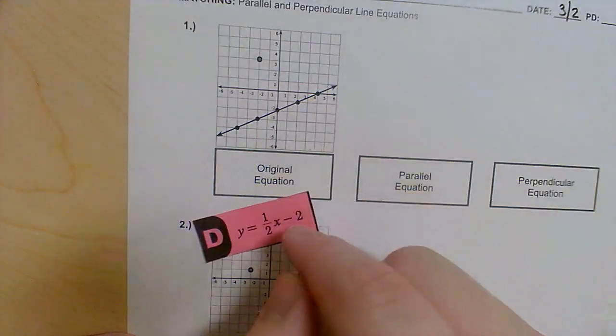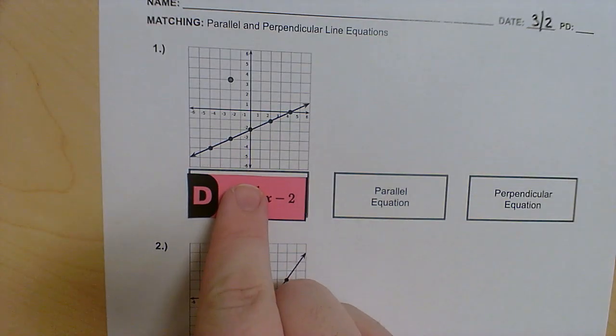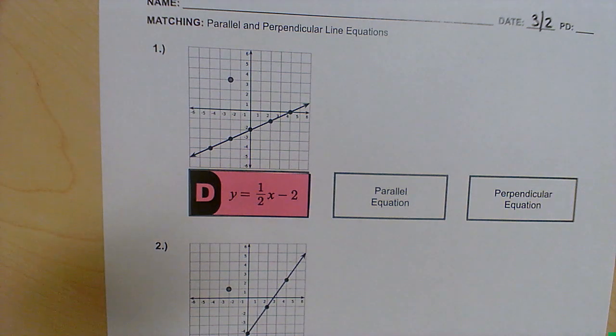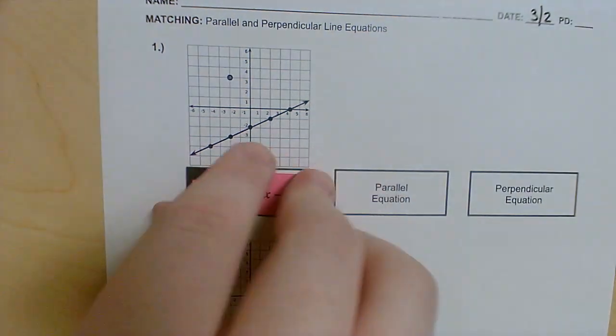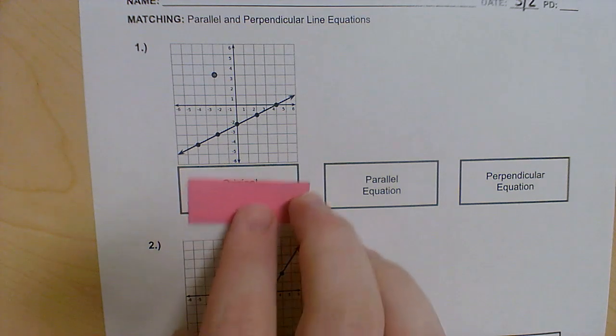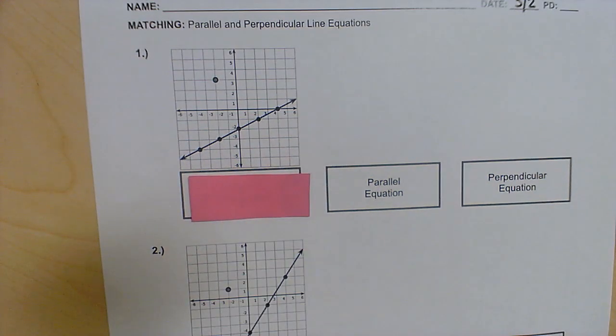And then once you have option D cut out, just glue it down in that box.